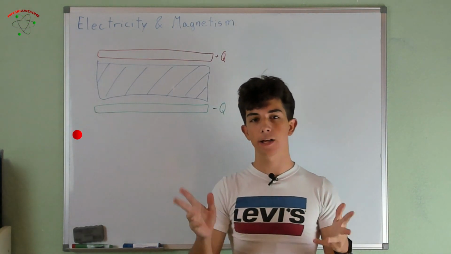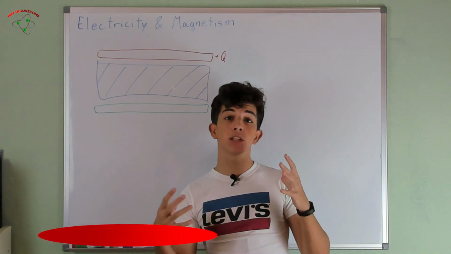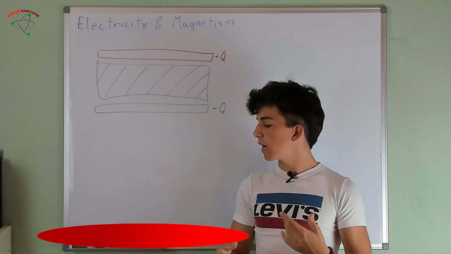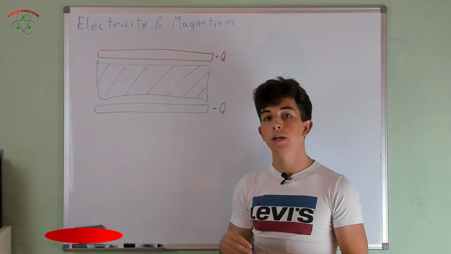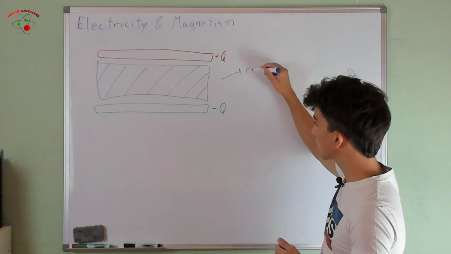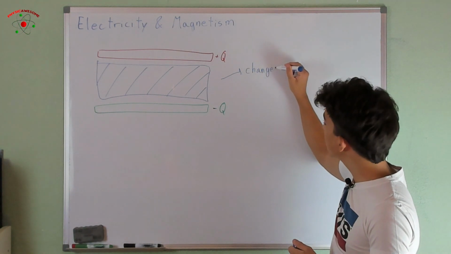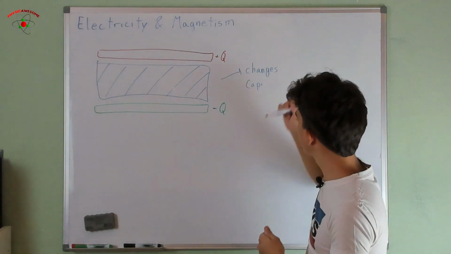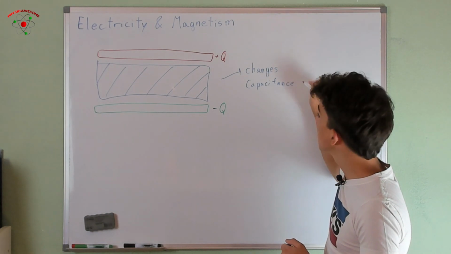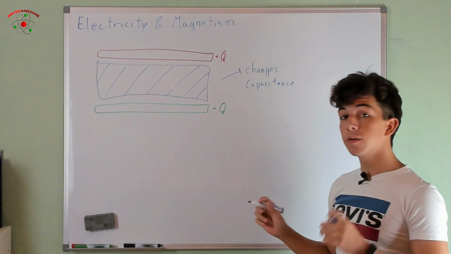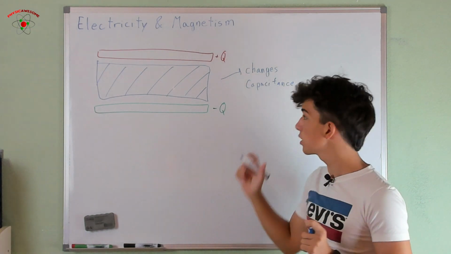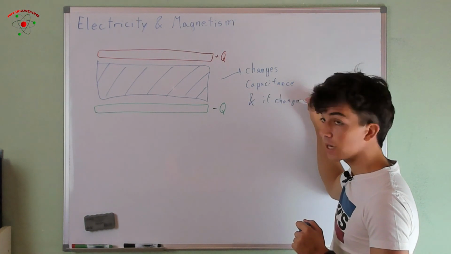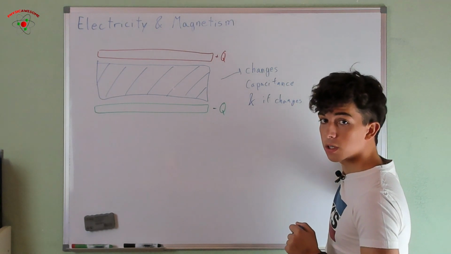Alright, now let's explore dielectrics. Dielectrics are some insulator you put in between the two plates of a capacitor, and it has a very important effect, and that is that it changes the capacitance, and depending on the convention you are using, it changes either Q or the voltage.